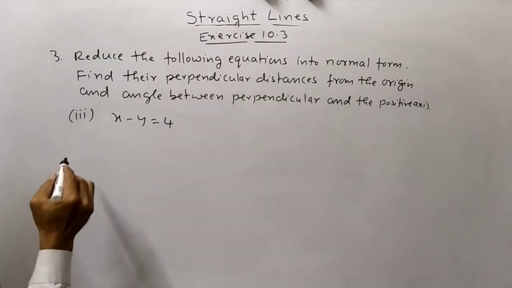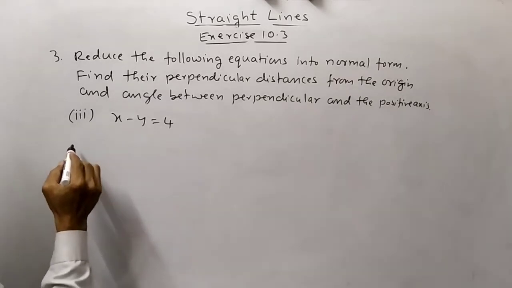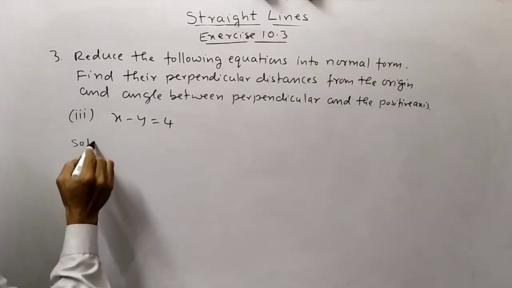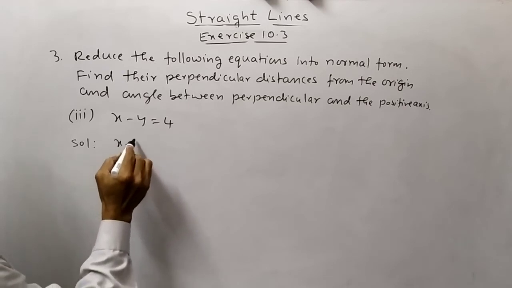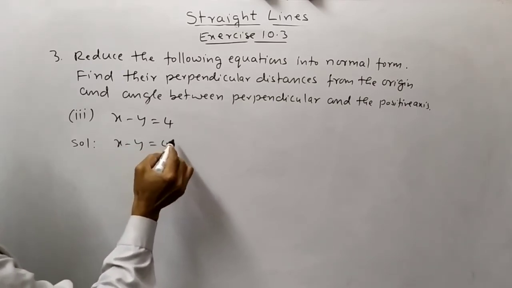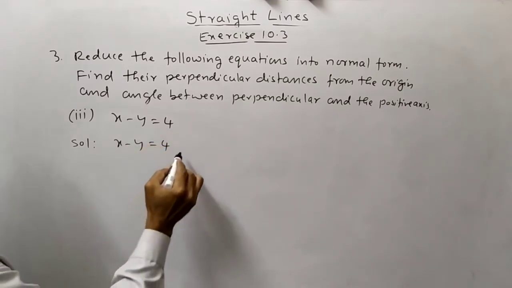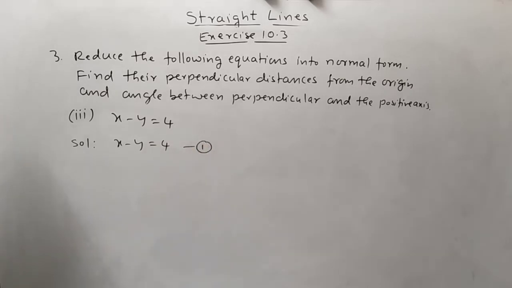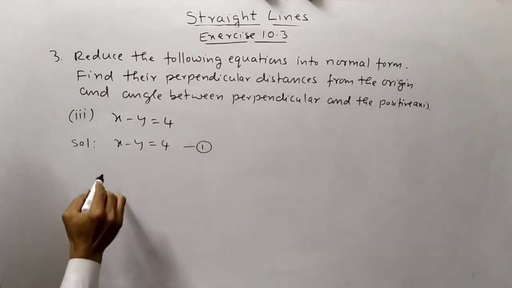Third one, x minus y is equal to 4. Solution. x minus y is equal to 4. This number is positive. Let us say this equation as 1.